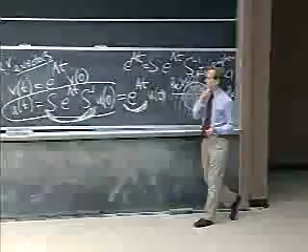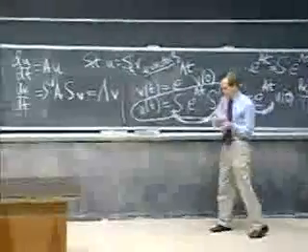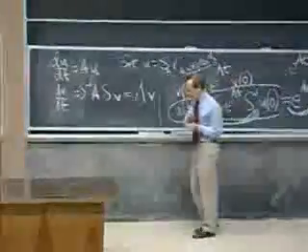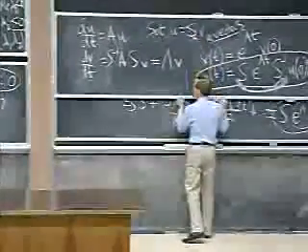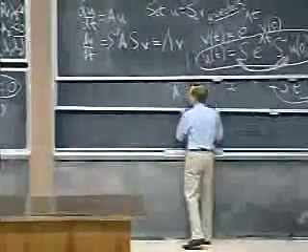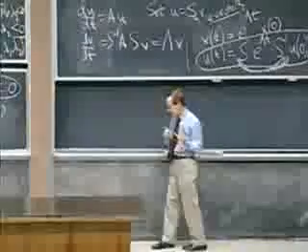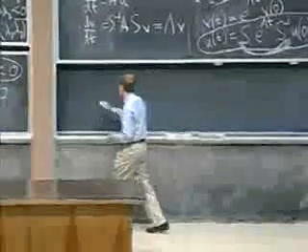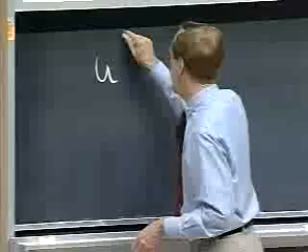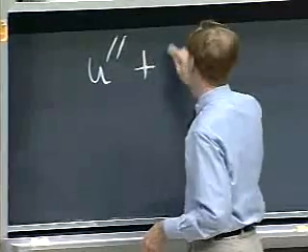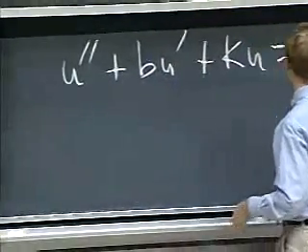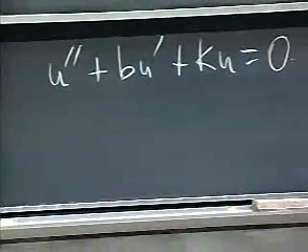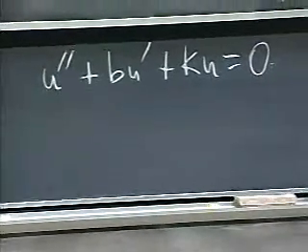Okay, one final example. Let me just write down how to deal with it. My final example will be a single equation, y double prime plus b y prime plus k y equals 0. One equation, second order.